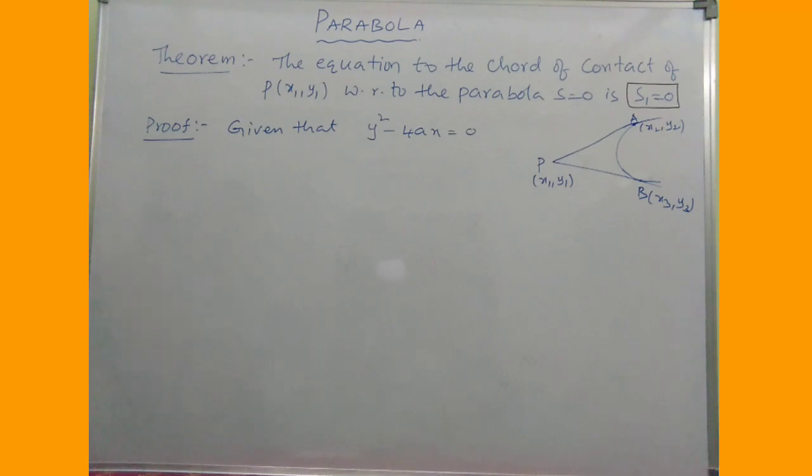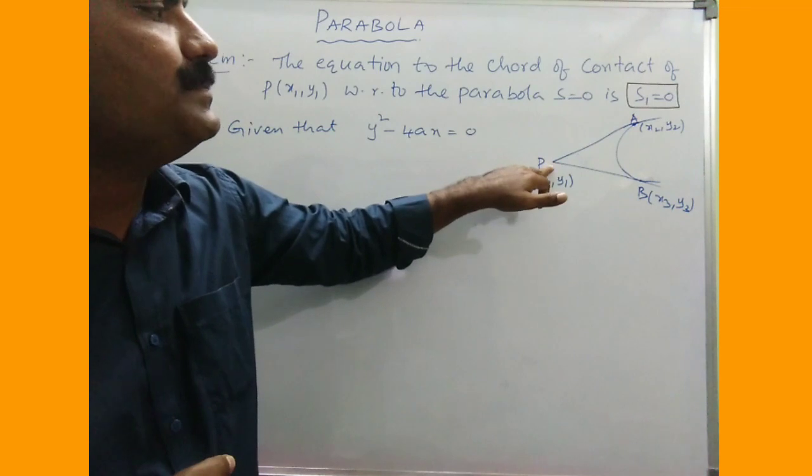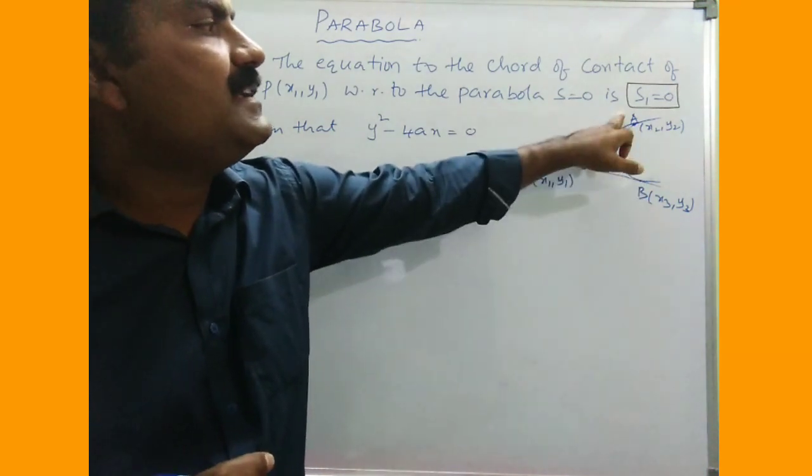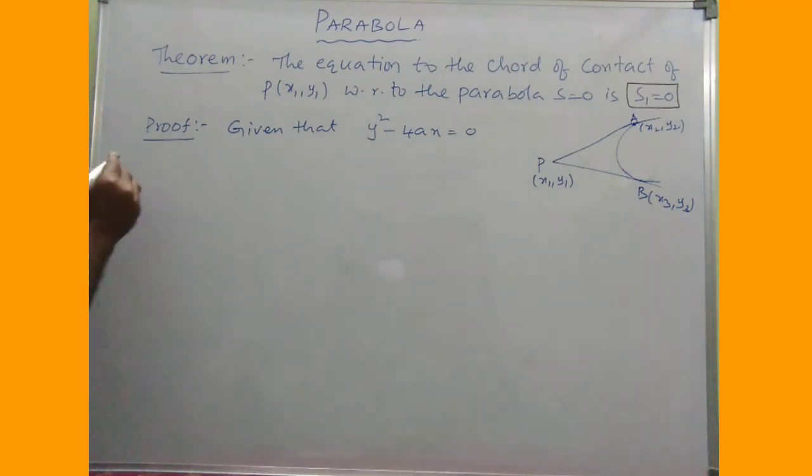Right. Now let the tangents drawn from P to the parabola meet it at A (x2, y2) and B (x3, y3) as shown in the figure. The tangents drawn from P meet the parabola at A and B. Fine.